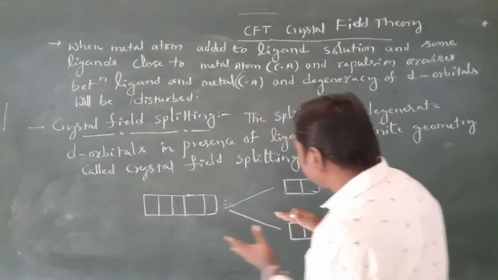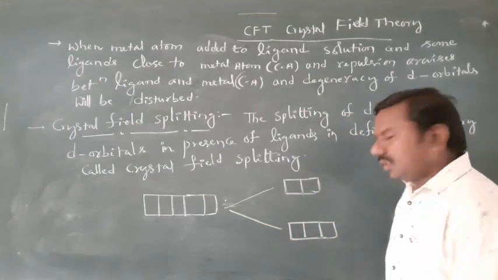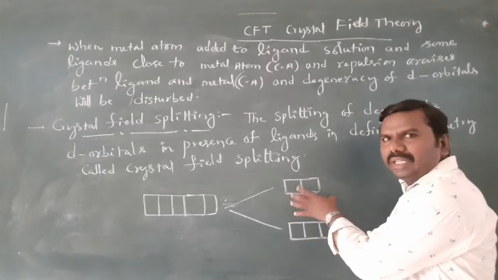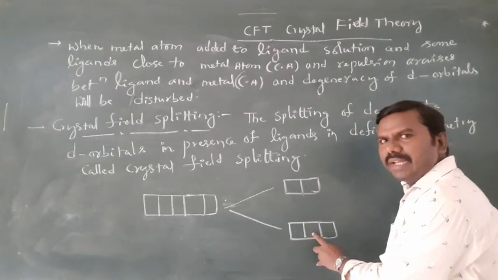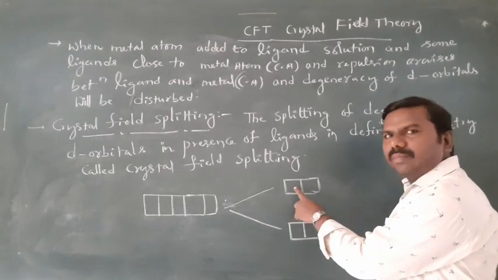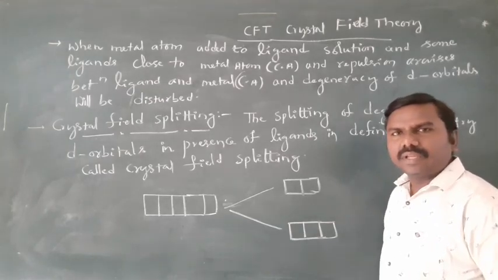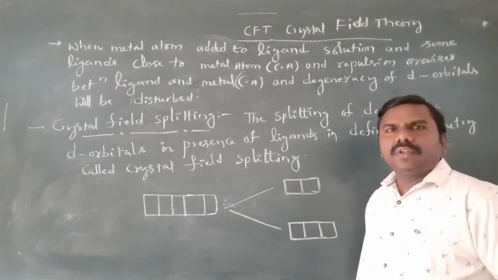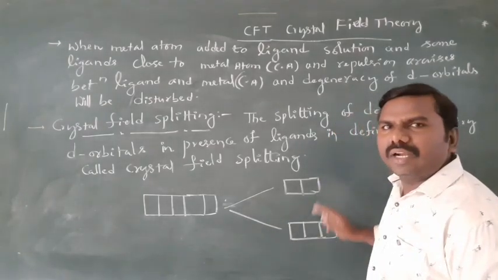Due to these repulsions, it will split into two levels, 3 in one set and 2 in another set. These are dxy, dyz, dzx. These are dx square minus y square, dz square. Clear? So this is the splitting of degenerate orbitals into two different levels.